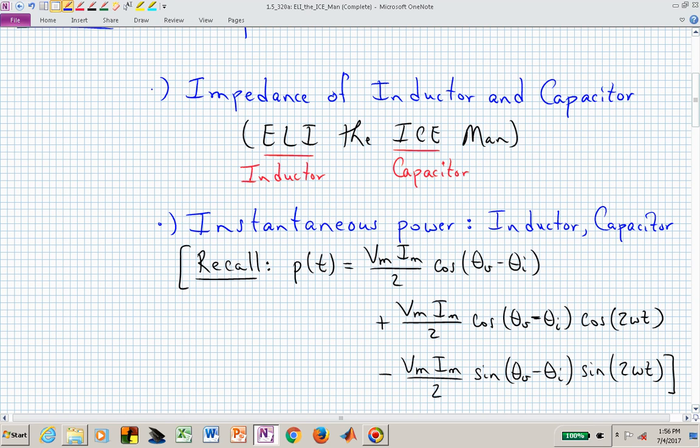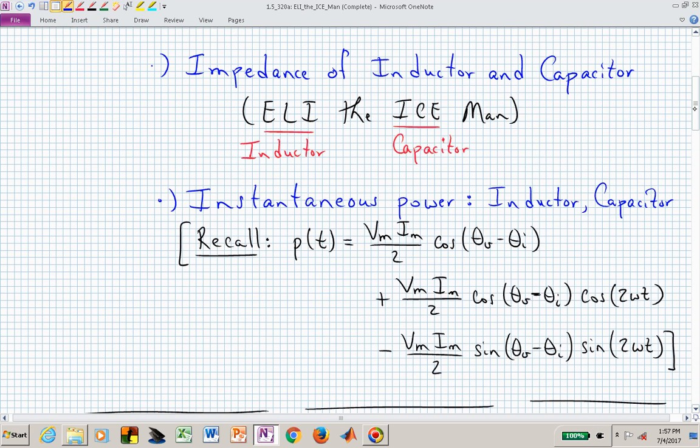Here, when we deal exclusively with an inductor or a capacitor, we'll have a particular relationship between the voltage and current phasors in those individual elements, and that will then allow some of the three terms in the instantaneous power expression to vanish, and we'll be able to see what's happening relative to real power and what we will then call reactive power associated with inductors and capacitors.